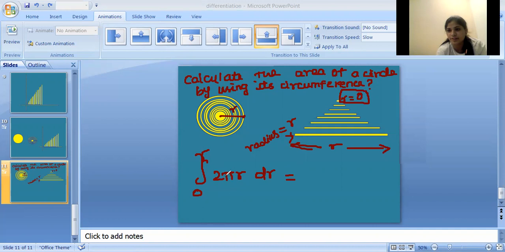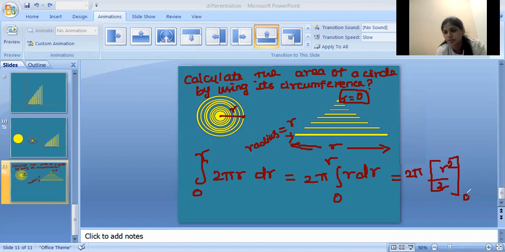So now I'm going to integrate this function. Since I'm integrating with respect to r, I can assume this 2 pi as constant, and I can write the 2 pi outside of the integral. So now I'm going to integrate the function r. If I integrate it, my result is going to be r square upon 2. And once you perform the integration, the limits will be substituted.